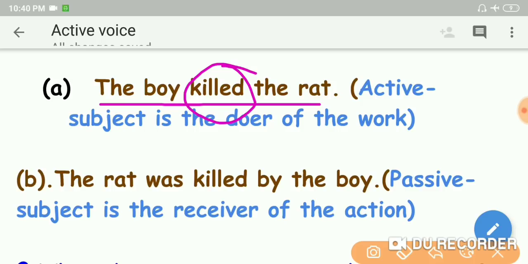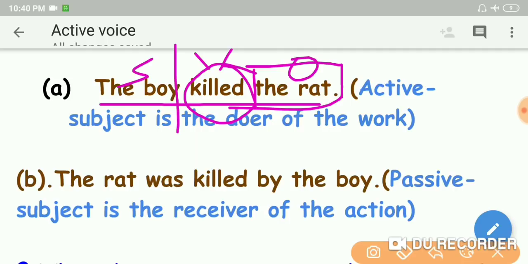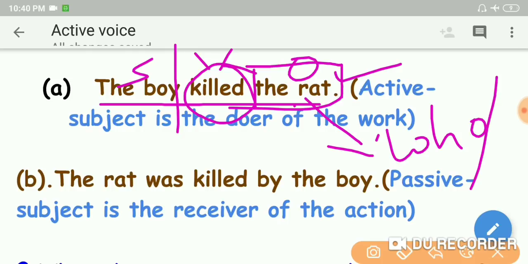Because when you ask a question to get the object part, this is the subject, this is the verb, this is the object. At the time of framing a WH question, if the object part answers the question who or what, then this verb is the transitive verb.